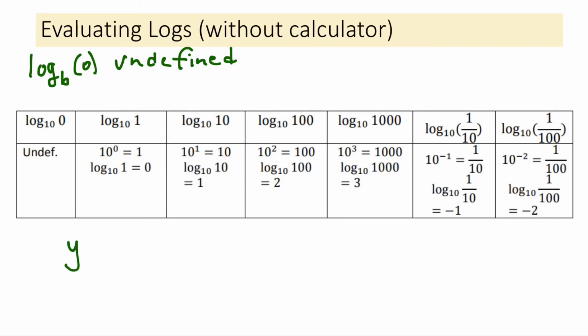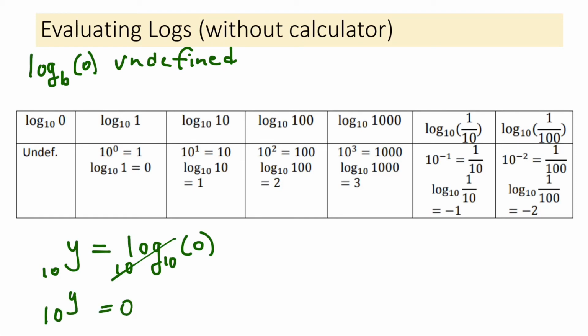If we're trying to find y is equal to log to the base 10 of 0, that means that if we take 10 to the y, we're doing the inverse operation. So this means that 10 to the y is equal to 0, and there is actually no number that you can raise 10 to that'll give you 0. So that's why this is undefined when you have a 0 in this position here.